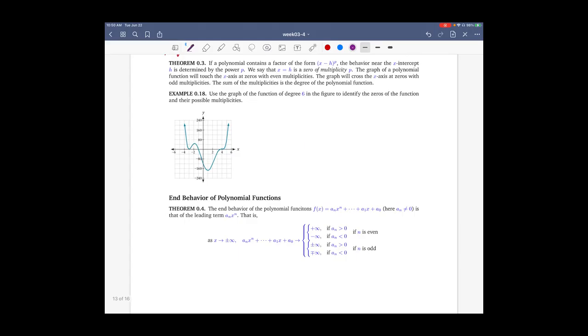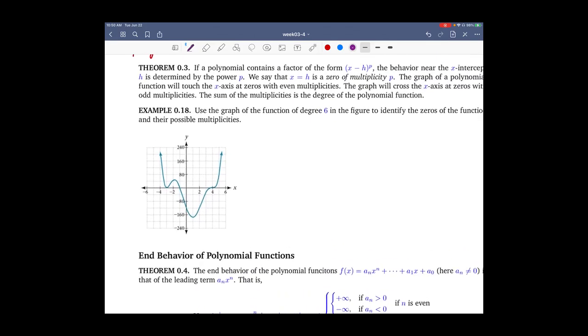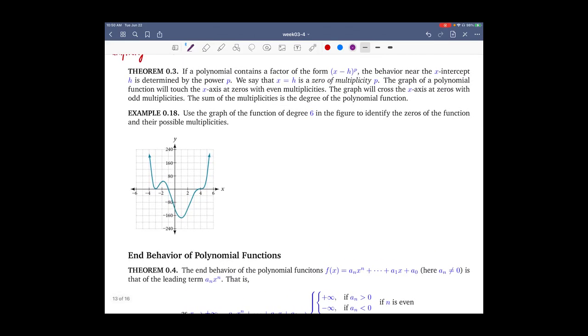Let's look now at this new example. We are given a picture, and it's known that this is a polynomial function of degree 6.